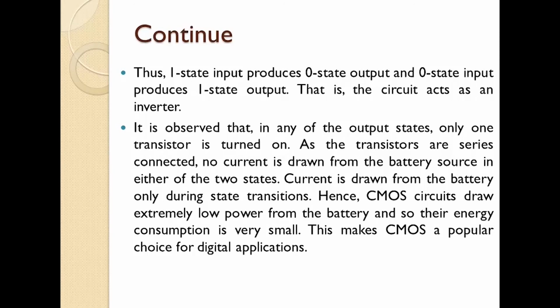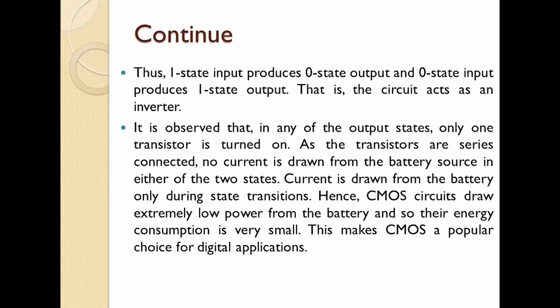Only when it is changing from off to on or on to off. Hence, CMOS circuits draw extremely low power from the battery and their energy consumption is very small. This is one of the main advantages of your CMOS.